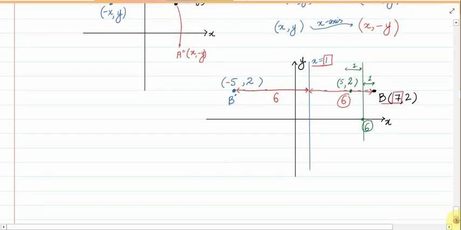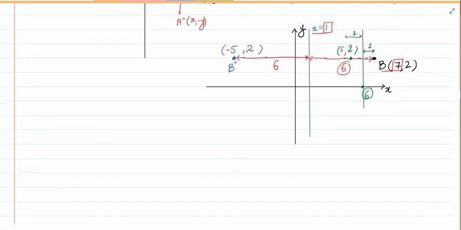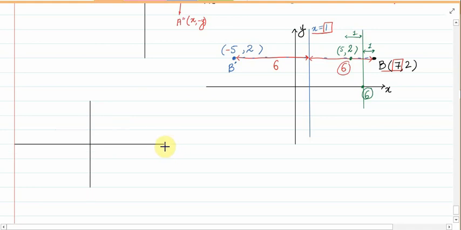Now, let's suppose I ask the question in a slightly changed manner. There is a point whose coordinates are 1, 2, and there is another point, point A and point A dash, whose coordinates are 5, 2, and you need to find the line of reflection.